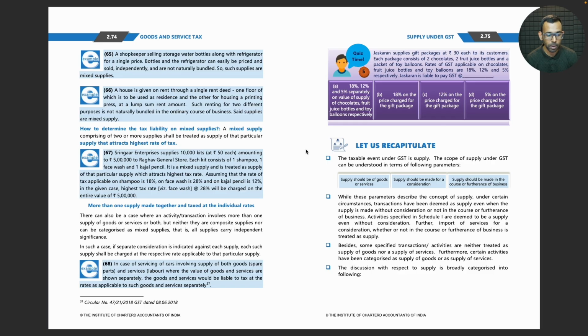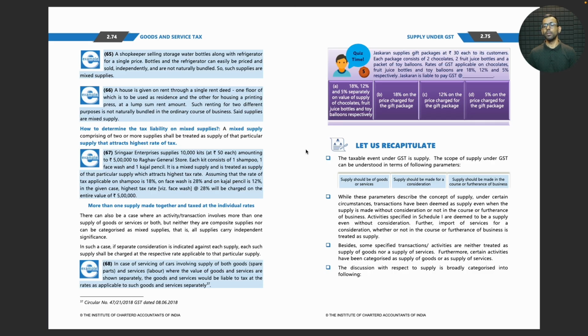Each such supply shall be charged at the respective rate applicable to that particular supply. In case of servicing of cars involving supply of both goods, spare parts, and services, where the value of goods and services are shown separately, the goods and services would be liable to tax at the rates applicable to such goods and services separately.